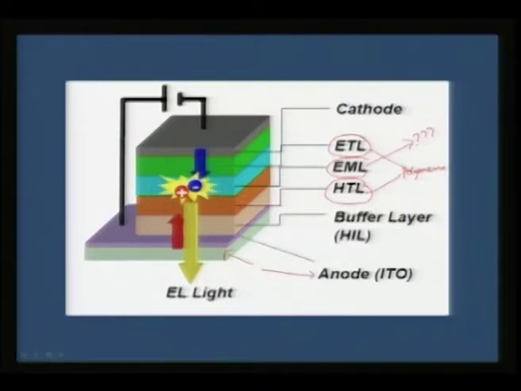So at the recombination zone, which is the emissive layer, if you can bring the number of holes and number of electrons together to recombine at this interface, then you get the desired light which is due to the emissive layer. So this is the basic principle of the organic LED. There are different issues that we can understand.